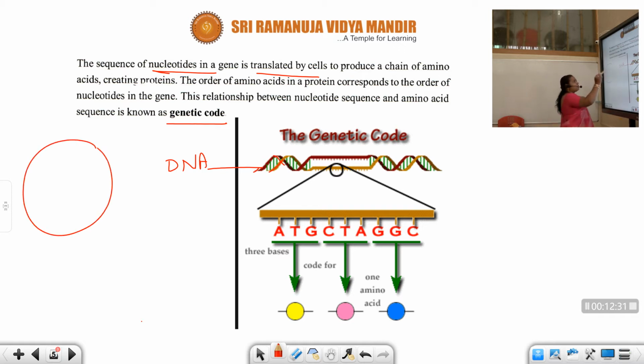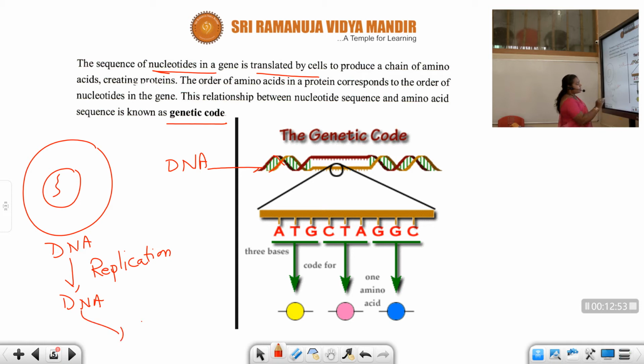Students, I said before, within the cell the nucleus is there. In the nucleus, this whole process is going to happen. Doubling of the DNA, meaning formation of DNA from DNA, is known as replication. And from DNA to RNA, which we call messenger RNA, mRNA, this particular process is called transcription.